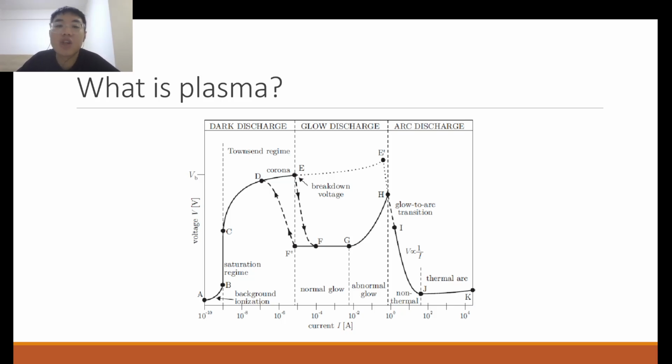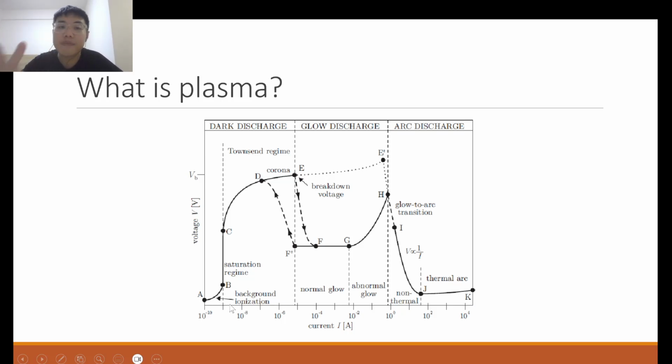Originally non-conductive gas, right? Normally gases are non-conductive. Why? That's because the molecules or atoms in the gas start to break down into charged species, into ions and electrons. Okay, so initially, let's say, only a bit of current, right?